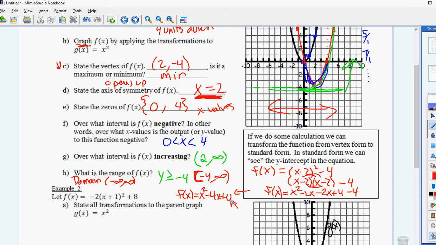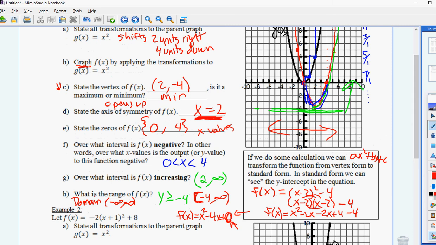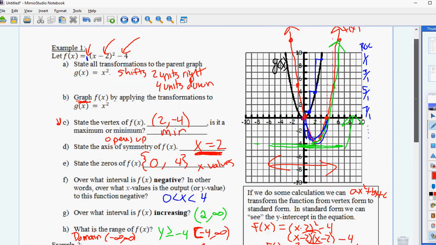This last term that we write, remember when a function's in standard form, it's in the form of ax squared plus bx plus c. So the c term is actually the y-intercept. Do you see that the parabola that we graphed does cross the y-axis at 0? So standard form tells us we can see where it crosses the y-axis, where vertex form we can see what the vertex is.